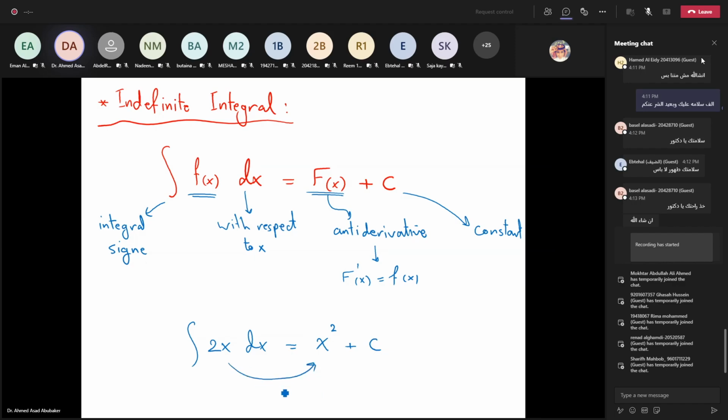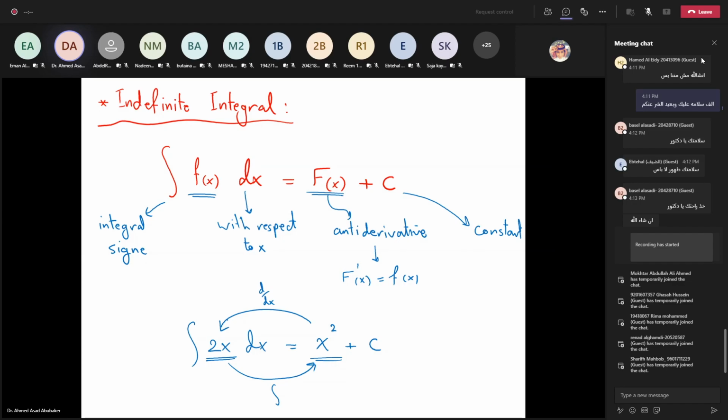Look at this. This is the integration, and this is the derivative, d over dx. If we find the derivative of x squared, we have 2x. If we need to find the integral of 2x, x squared. Okay, so we can check whether the integration is correct or not by finding the derivative of this one. They must be equal to what is inside the integration.